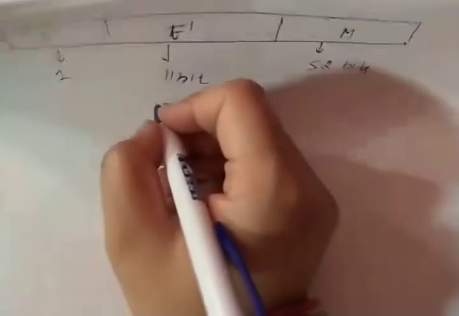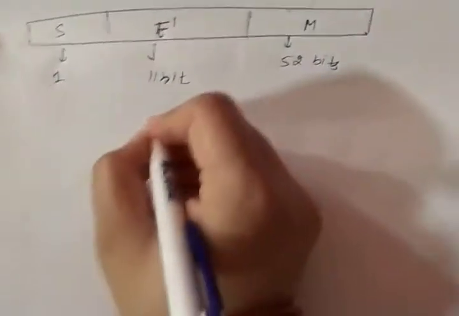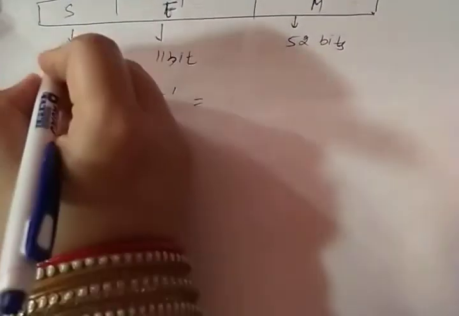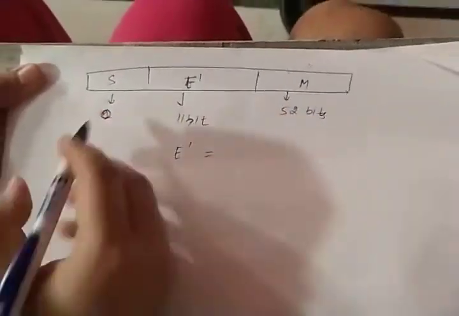First of all, we are going to calculate the value for the modified exponential. For the sign bit, as we know that the number is positive, we are going to use 0.